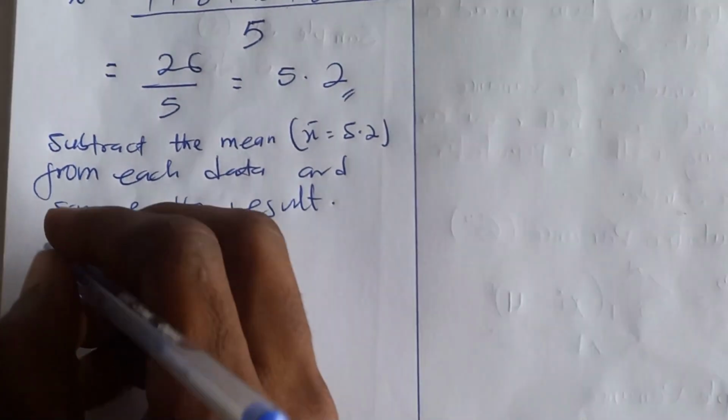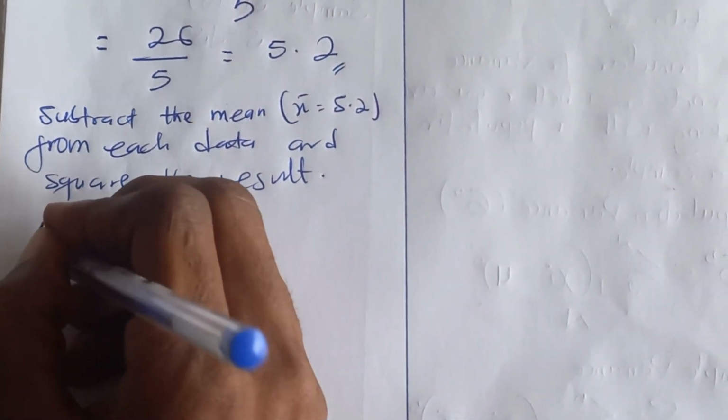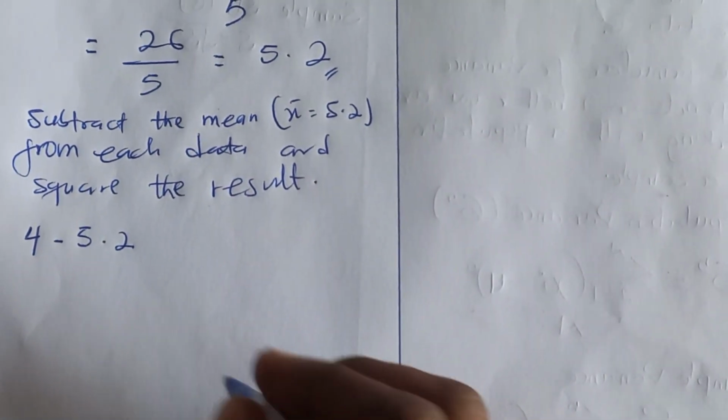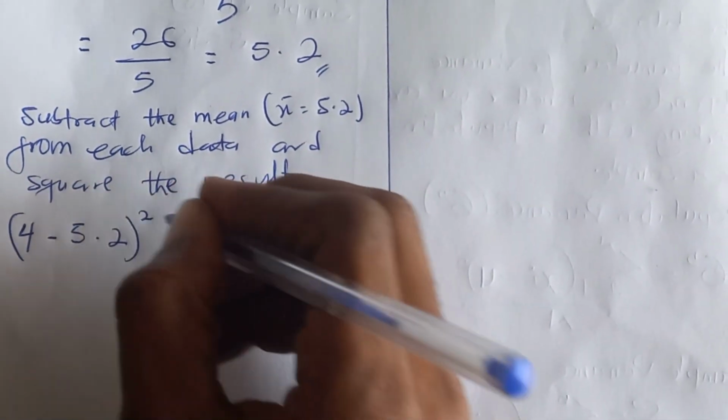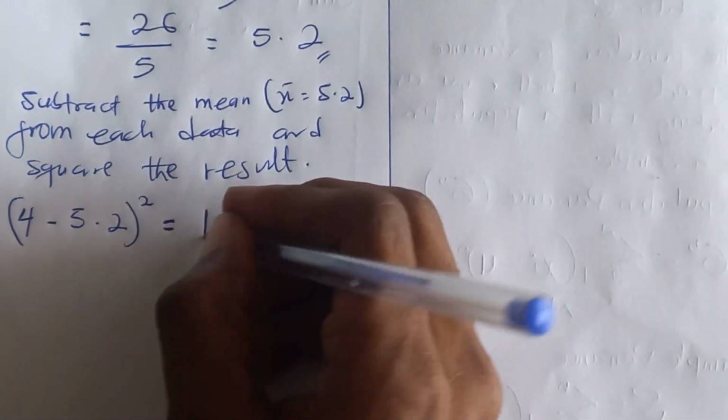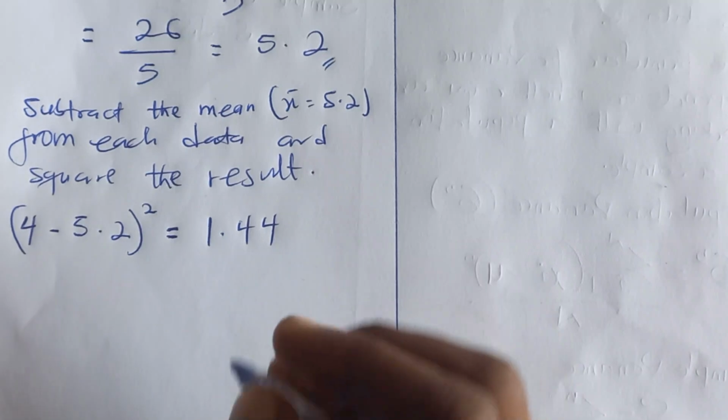So it's going to be 4 minus 5.2, all squared, which you can do with your calculator, and it is 1.44.